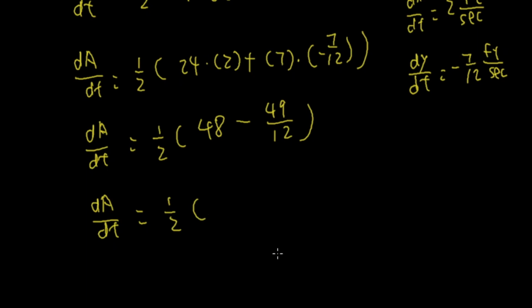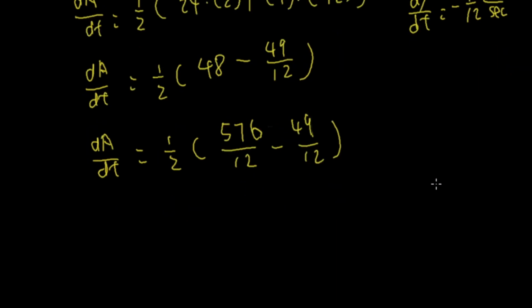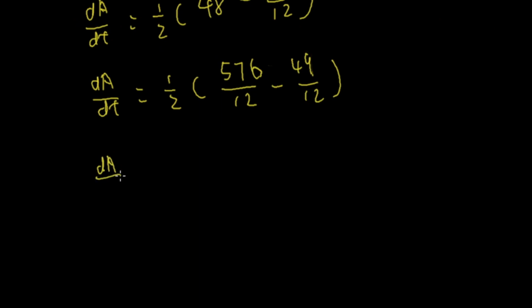1/2 times, now 48 times 12 is 576 minus 49, right? One half times 527 over 12.